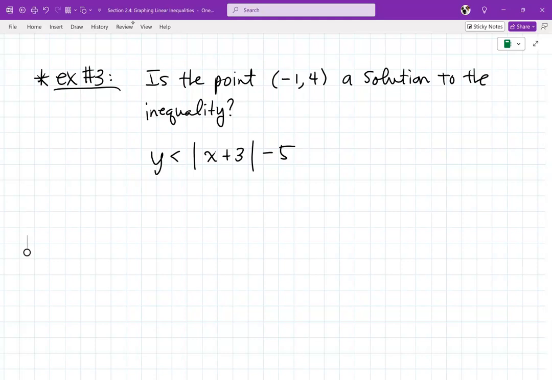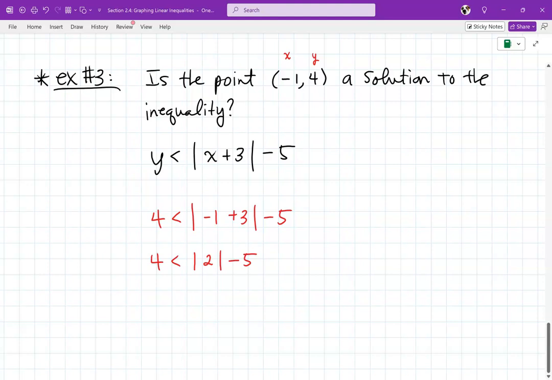So guys, all you have to do is plug in the point. Okay? This is your x, this is your y. So I'm going to write 4 less than the absolute value of -1 plus 3, minus 5. Now -1 plus 3, that's a 2. So 4 is less than the absolute value of 2 minus 5.